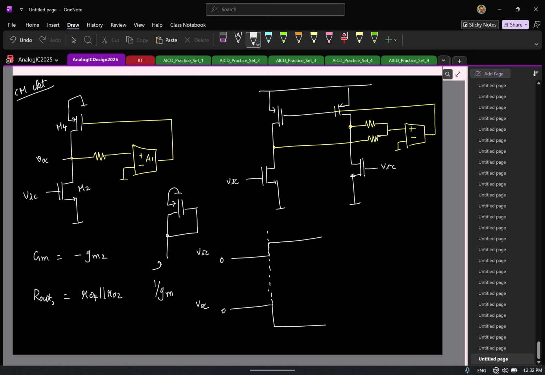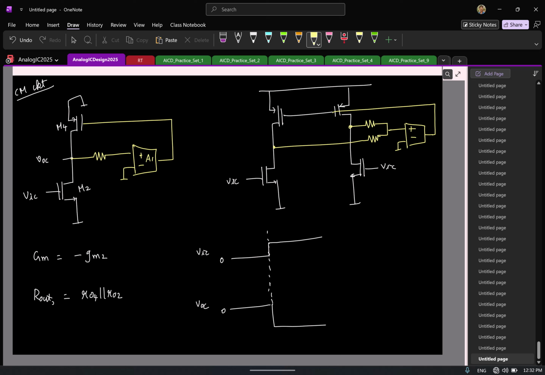1 by GM. So here, I am not connecting the gate and drain directly. From the drain I have an amplifier. So this is basically, you know already, 1 by GM times A plus 1. Correct, same thing. So let me write it directly.